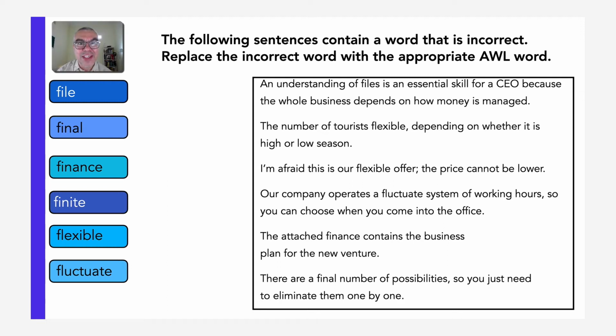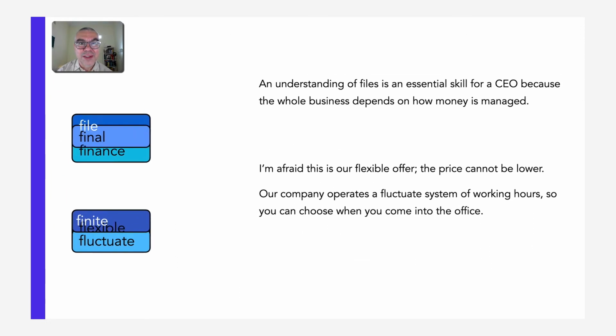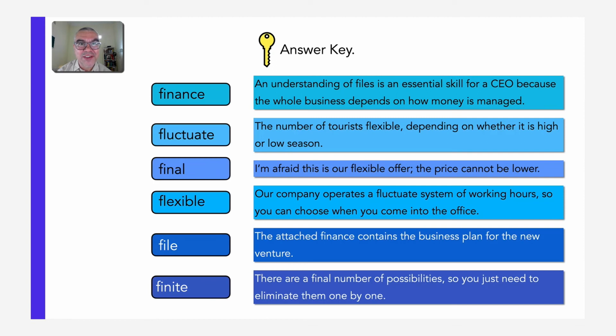Here is the answer key then. The first is finance. An understanding of finance is an essential skill for a CEO because the whole business depends on how money is managed. And then fluctuate. The number of tourists fluctuates depending on whether it is high or low season.